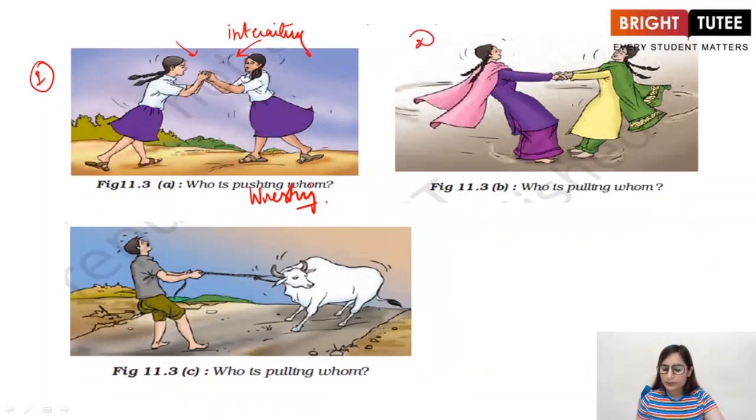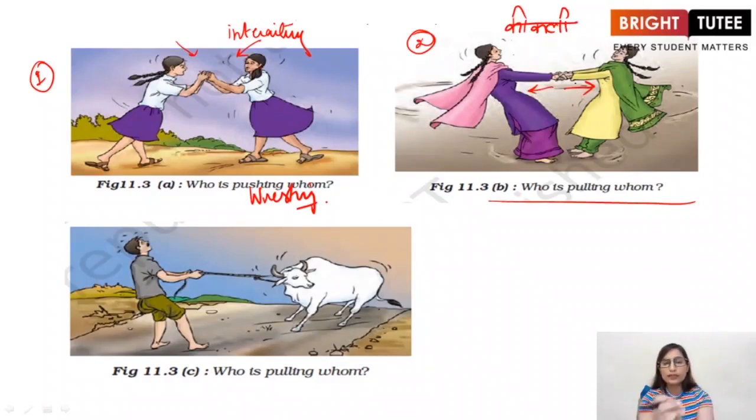Then in the second picture, what do you see? This is a kind of game where you lock each other's hands and you start revolving very fast, right? In Hindi, you call it keekli. So in this, what are both the girls doing? Both are pulling each other towards them, right? You are holding hands, you are pulling the other person and rotating.